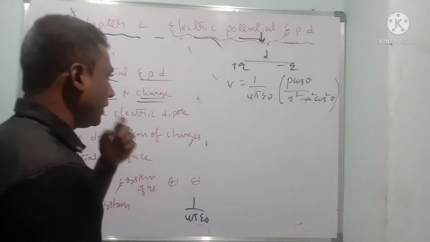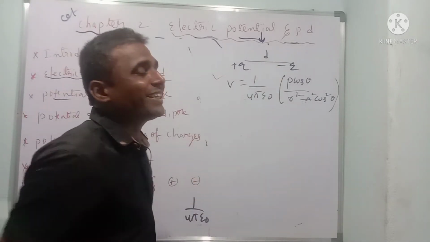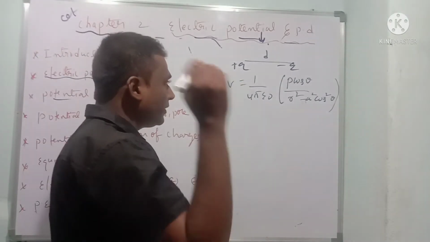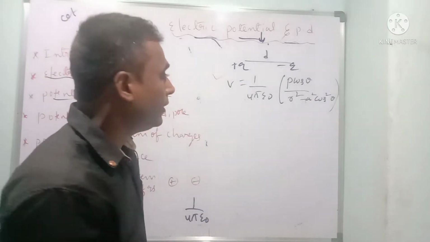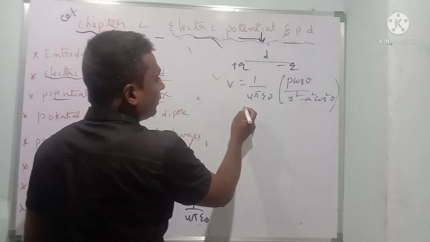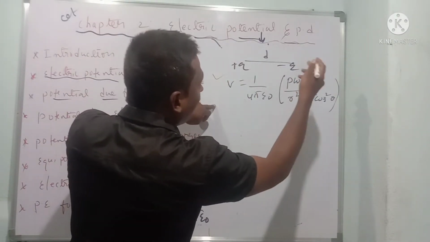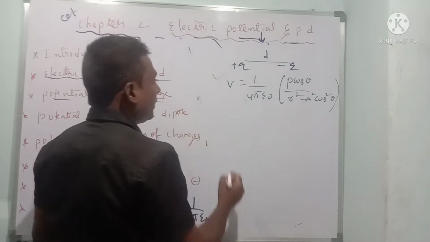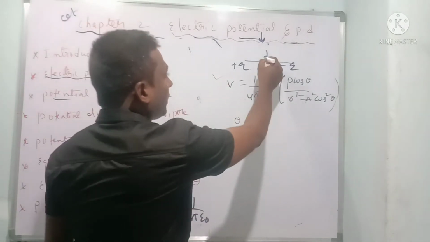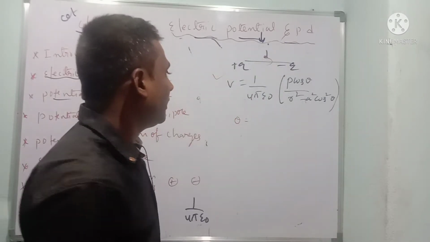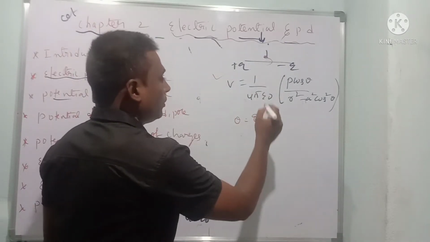Now what is my point, children? We are going to find the cases. We discussed electric field due to a dipole along the axial line. Here the potential at a point on the axial line is given by, axial line means we consider the horizontal position, then theta is equal to 0 degree.